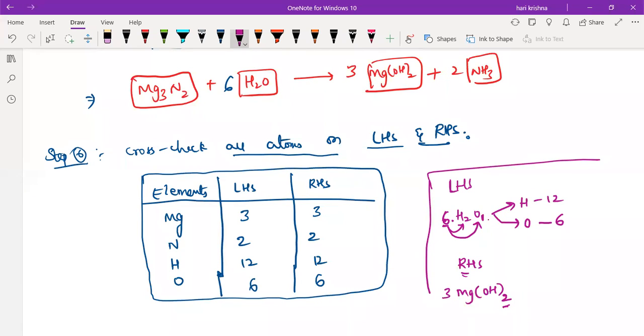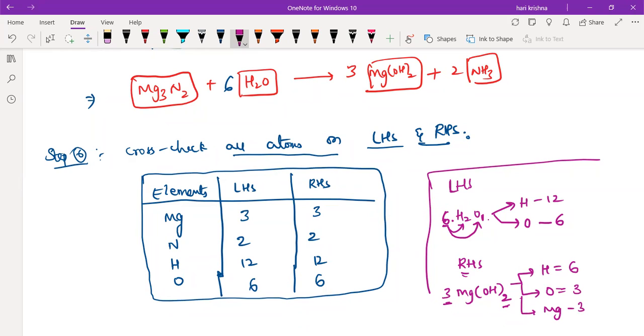That means hydrogens are 2 here, and along with this we have the coefficient 3 here. So hydrogen can be 3 into 2, 6. Then oxygens, how many? 3. How many magnesiums? 3. Clear?